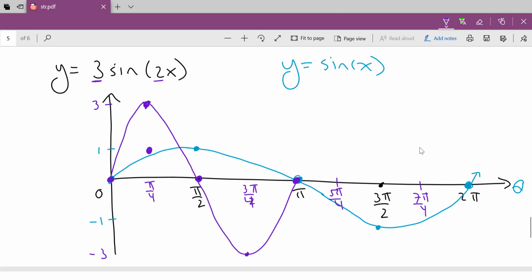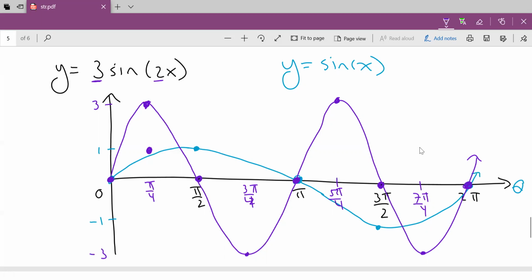And now all I got to do is just keep repeating. I like to do my theta intercepts first. The distance between all of those is that, right? And now all I'm going to do, max halfway between there, min halfway between there, and there it is. Boom.